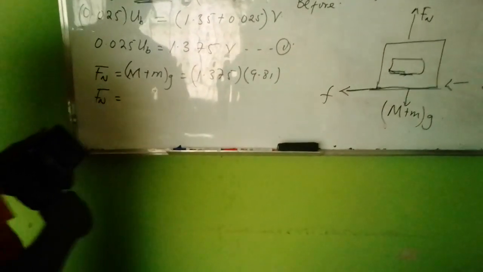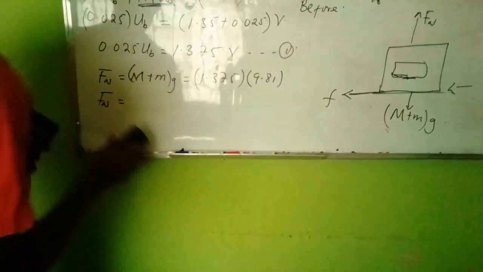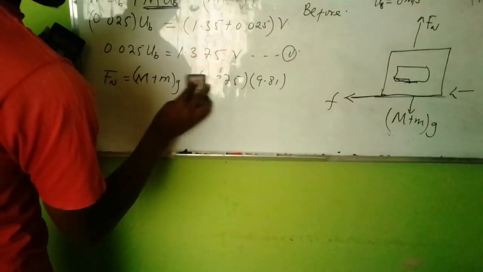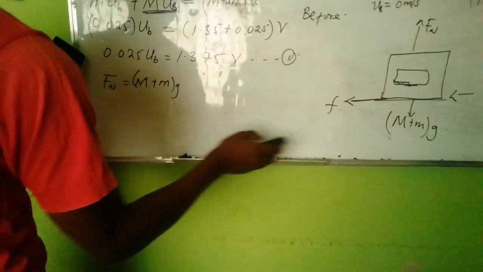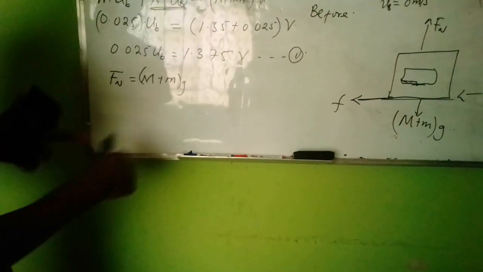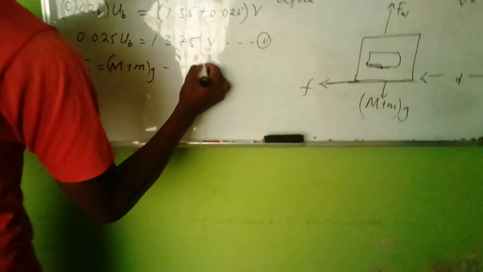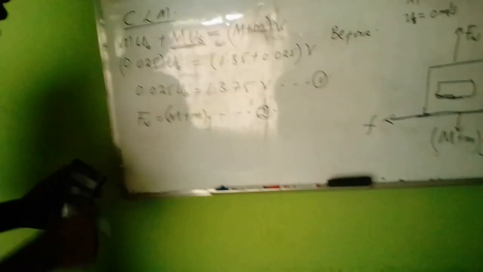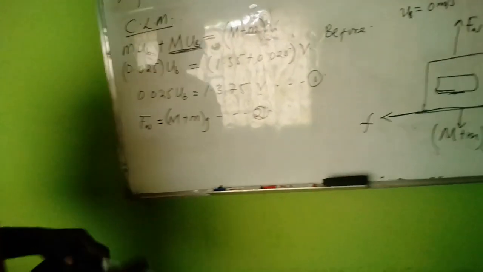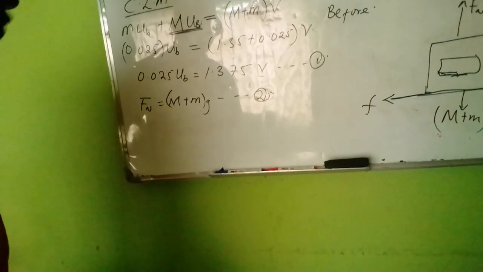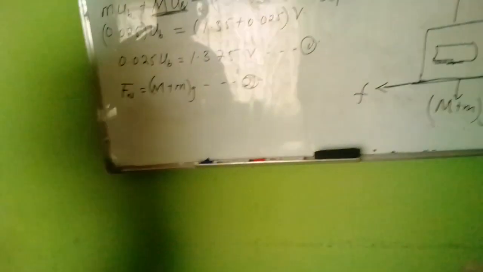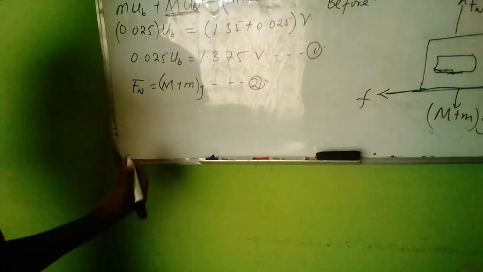I don't think I need to calculate this. Let's just know that we have the normal force. You see why I'm saying so. And then we also have to establish the relationship between the friction force and the normal force.